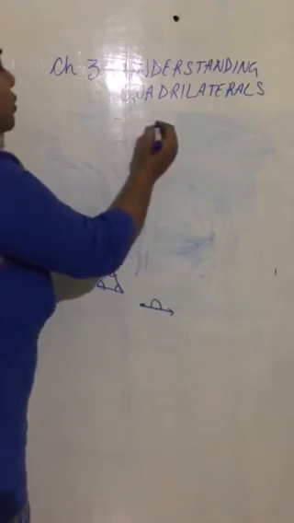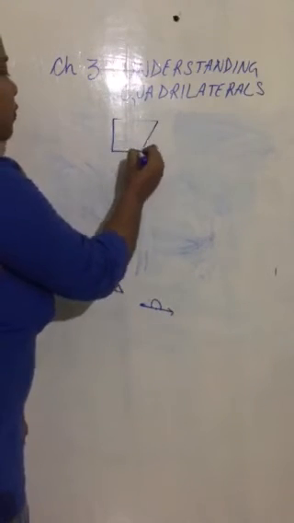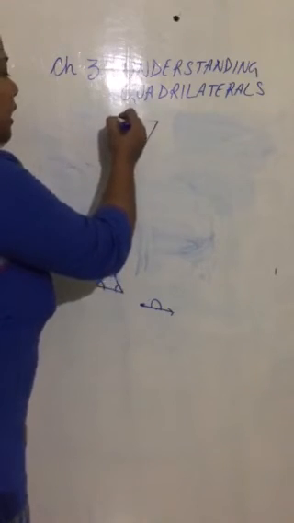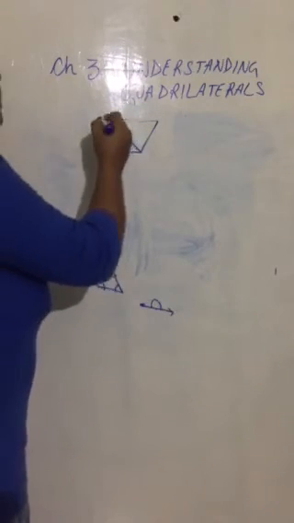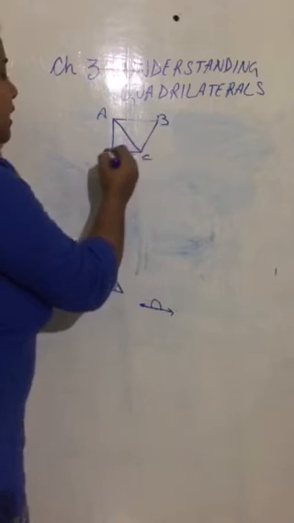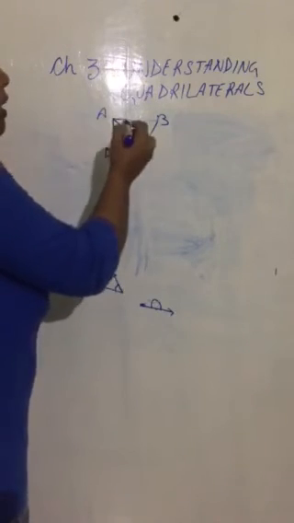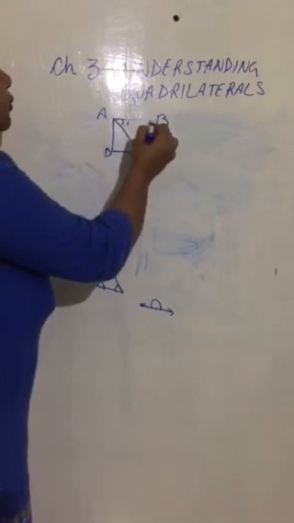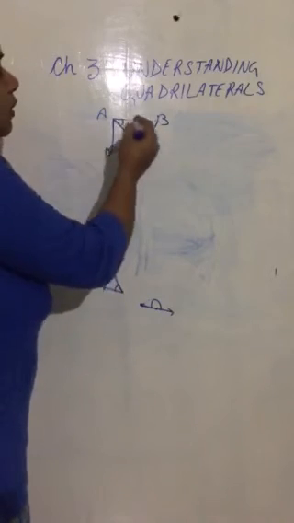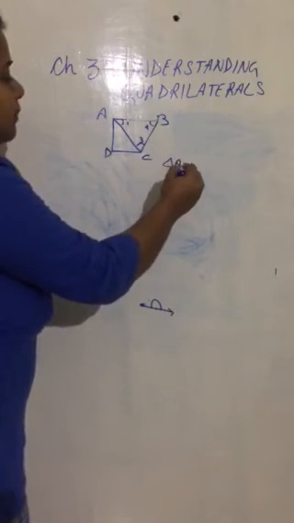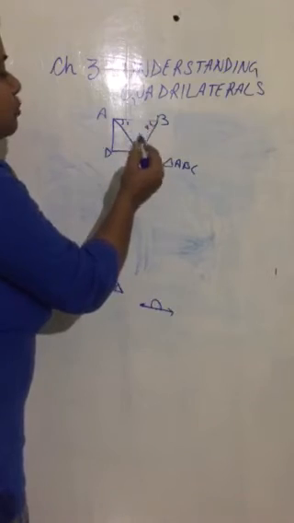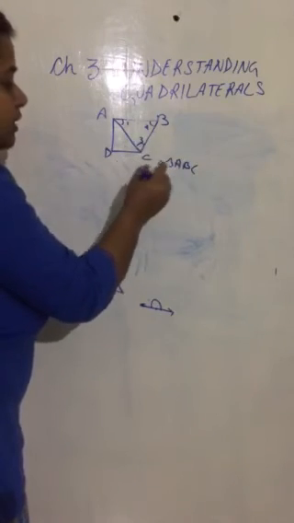How can we show it, students? You see here, if I draw a quadrilateral and I draw a diagonal, let us label it A, B, C, D. Now, if I label the angles 1, 2, 3. So, in triangle ABC, angle 1 plus angle 2 plus angle 3 is how much? 180 degree.